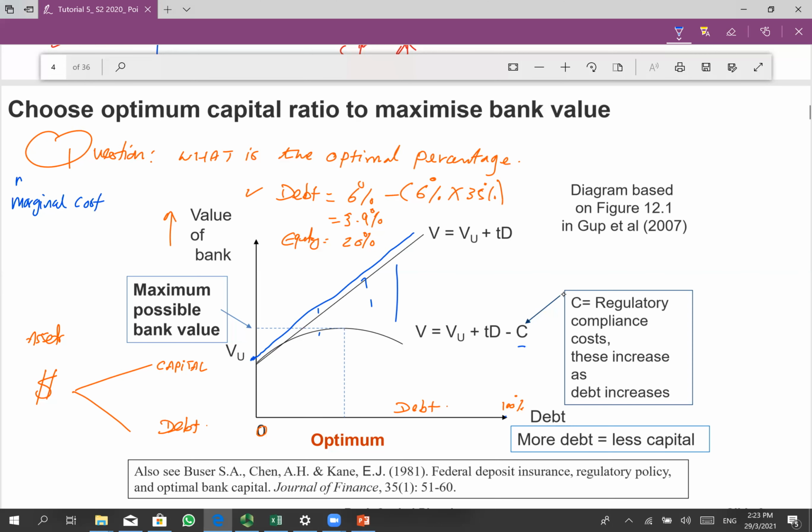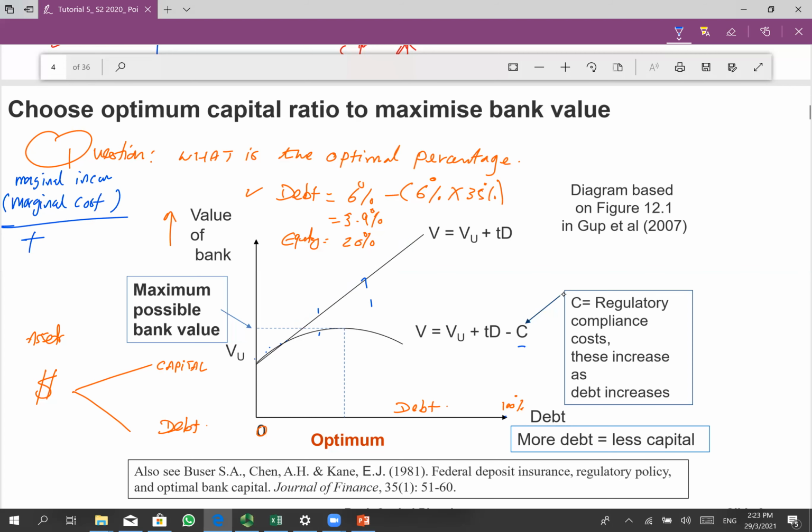The marginal income minus the marginal cost is still positive, so I will continue in this area.